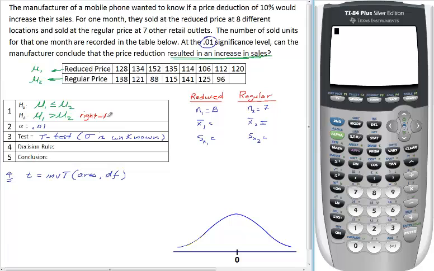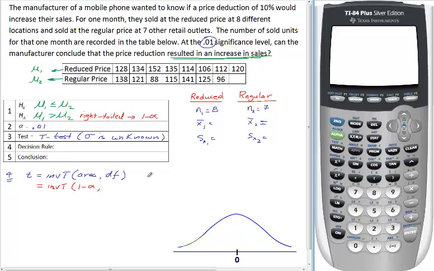Because it's right-tailed, I know the area is going to be 1 minus alpha, because we want the area up here, and remember, the calculator goes from the left up. So in order to get that, we have to use 1 minus alpha. So it's going to be inverse t of 1 minus alpha, and degrees of freedom.